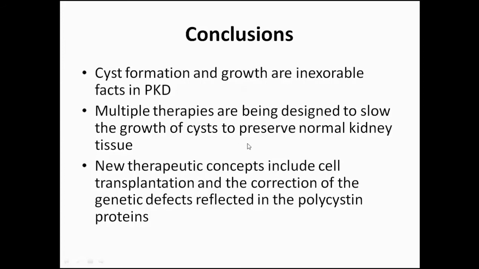Recently in the literature there have been many exciting concepts that I hope will have clinical application, in that you have an investigator named Dr. Kelly at Indiana University has shown in rodents at least that she can inject normal renal cells into a PKD model rodent, and these PKD affected rodents, with the injection of these normal cells, actually show some correction of the defects reflected by the polycystin proteins.